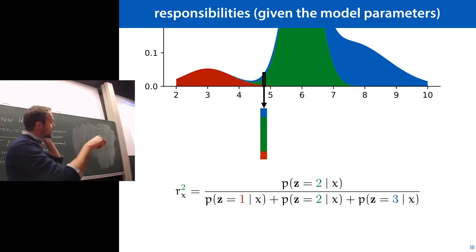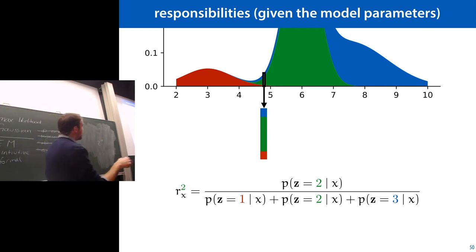So here we have the 1D case, where we have these 3 red, green, and blue components, each having some probability density over each of the points. So if we look at this point here, let's say 4.9, we can see that the probability density is the sum of a blue value, a green value, and a red value.